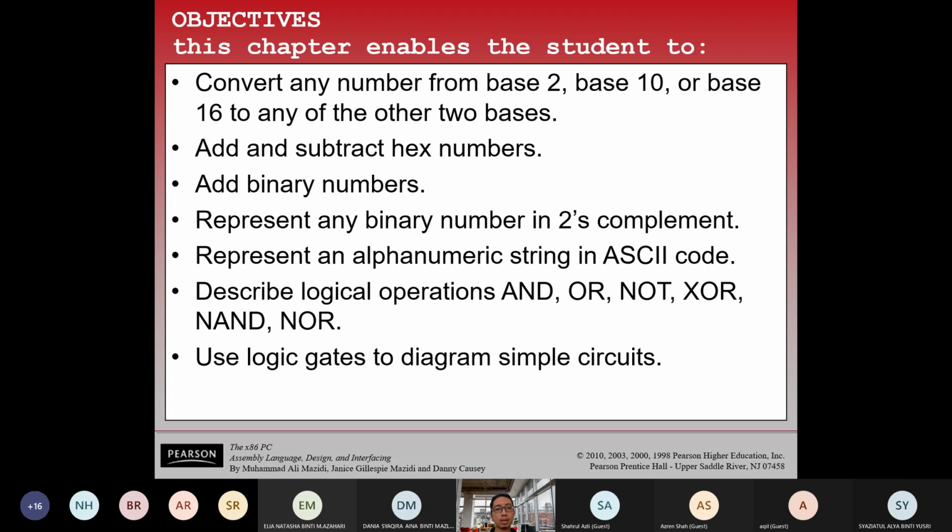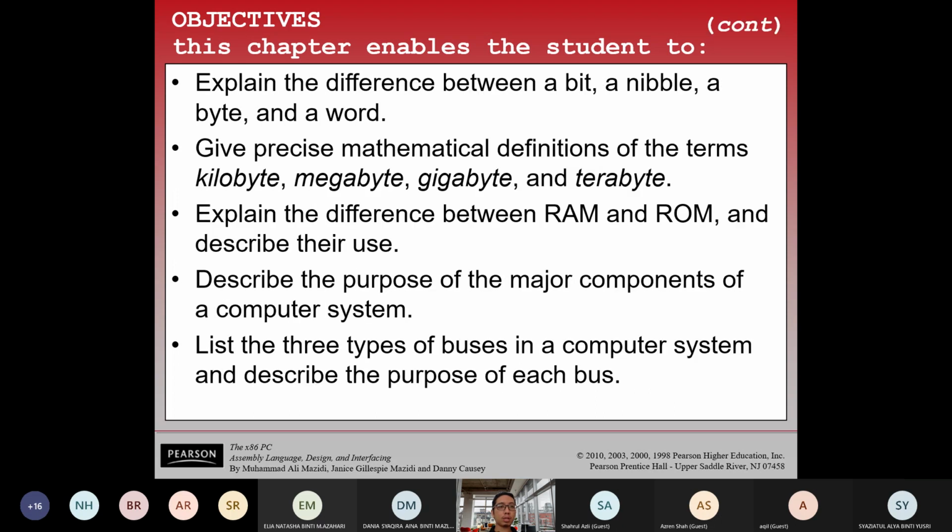Then you will also learn how to perform addition or subtraction using two's complement, how the logic operations work, and the logic gates. You need to know the difference between RAM and ROM, and then we will look into the structure of the microprocessor after that.